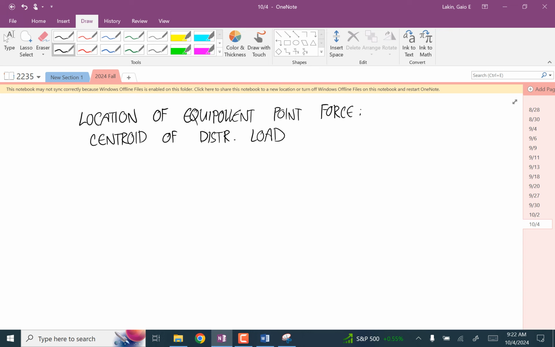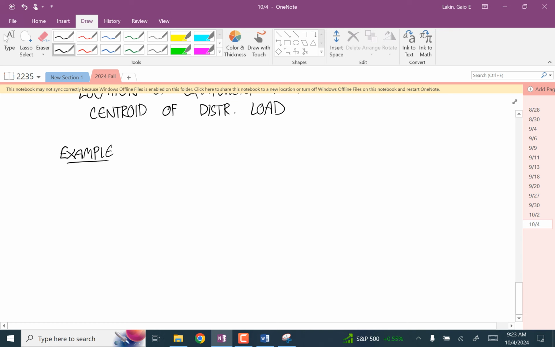Okay, so let's start with the simplest example we can come up with, and then we'll go on from there. So first, let's say we have a beam.